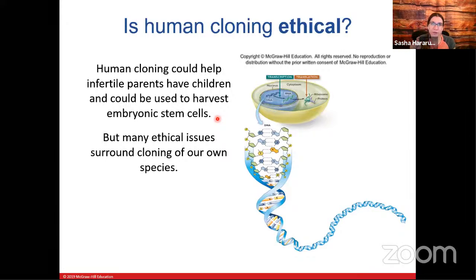You would harvest the stem cells from the embryo. You would essentially kill it and harvest the stem cells to regenerate your own kidneys. So this is the big idea behind the pro for human cloning. You would not completely clone yourself. You would just clone yourself for the embryonic stem cells, which could be used to regenerate your own organs.